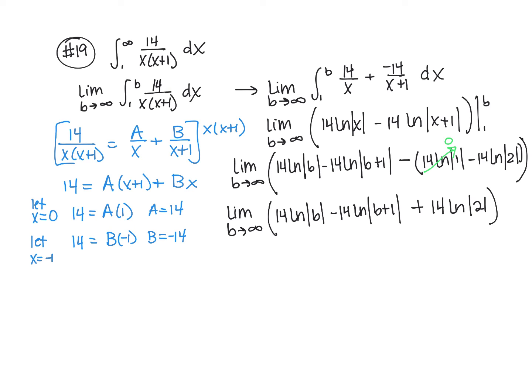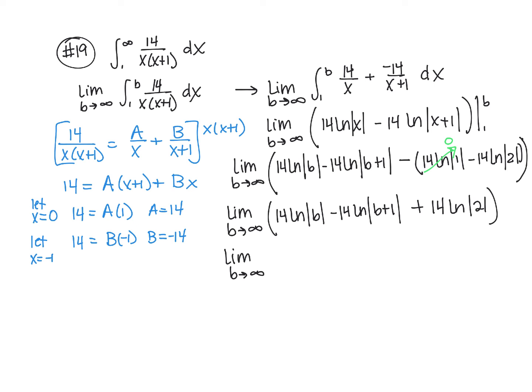Now I'm taking the limit as b approaches infinity of this. The problem with this is, because of the way it's written, infinity. Hold on, let's think through this for just a second. You know what? I actually am going to go back to my log properties, because as it's written, I would have infinity minus infinity, which we know is an indeterminate form.